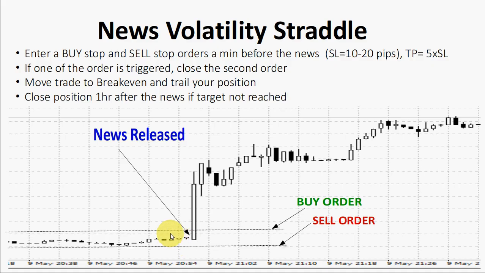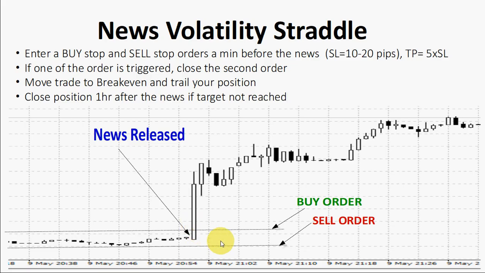Okay, so let's say you have set of 2 orders now, 10 pips above, 10 pips below. Buy stop, sell stop. Then immediately the news is out, one thing will happen. One of your trades will be triggered. In this scenario, this buy trade is triggered. Then you go and cancel the sell trade.